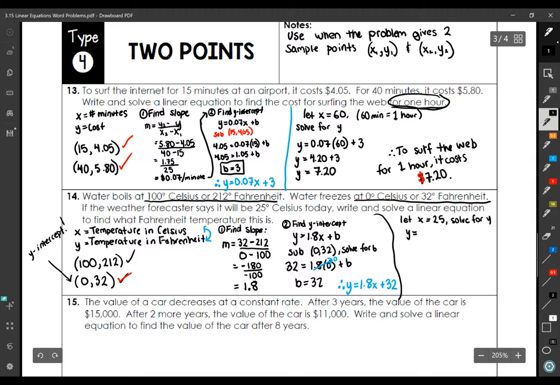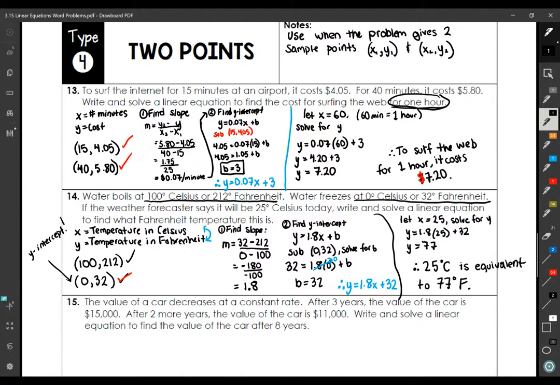So y is equal to 1.8 times 25 plus 32, which gives us 77. Therefore, 25 degrees Celsius is equivalent to 77 degrees Fahrenheit.